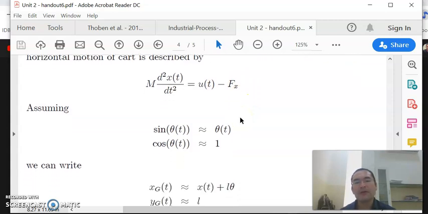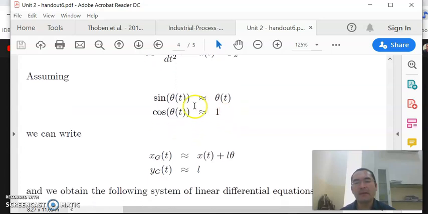So if we assume that the angle theta is small, we can assume that the sine of theta is almost equal to theta, and the cosine of theta is almost equal to 1.